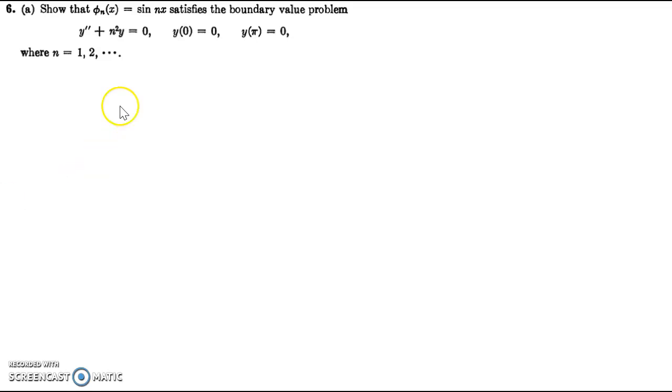Alright, so number 6 is a developmental problem that ultimately reaches parts B and C, but I only assigned A. So let's go ahead and solve this. This is a second order differential equation, so I can write this as r squared plus n squared equals 0. Actually, even before that, we know that this is one of the solution sets.